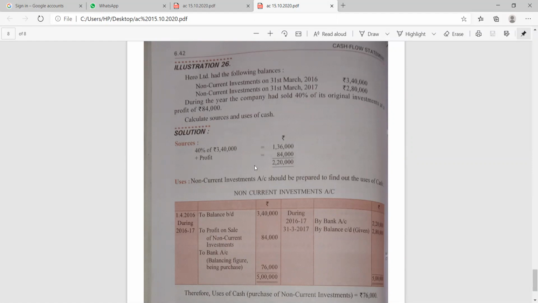Sources means from where the investment inflows are coming, and uses means where the outflows related to investments are used. Only the words are different, otherwise the treatment will remain the same as we did in case of non-current assets.